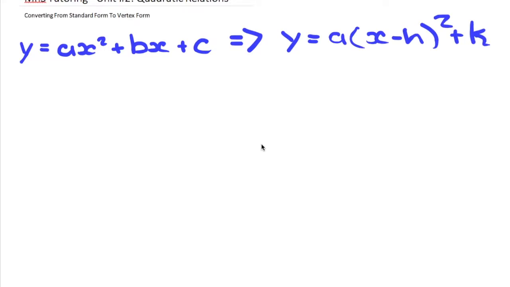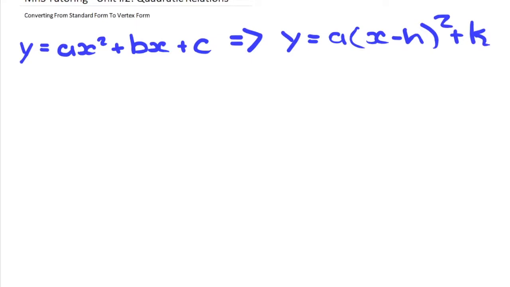So on the left over here, you can see the standard form, which is y is equal to ax squared plus bx plus c. And on the right, you can see the vertex form, which is y is equal to a factored x minus h squared plus k. So the first thing you have to do is you have to group both x terms. So let's use a standard equation over here.